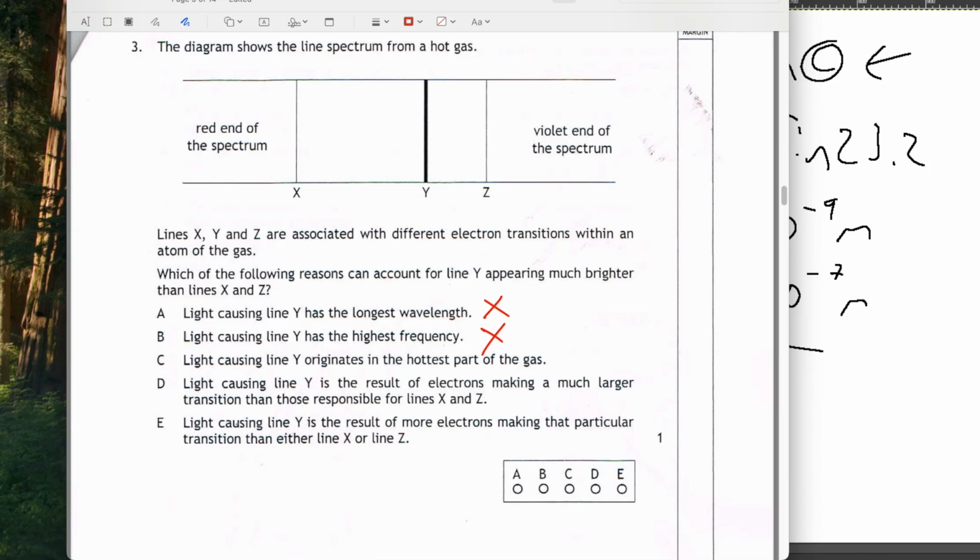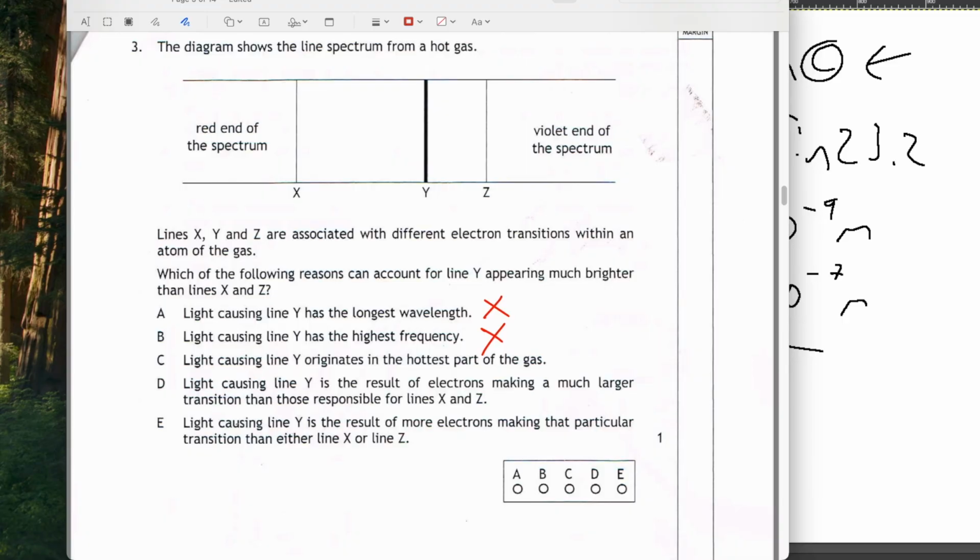C, light causing line Y originates in the hottest part of the gas. The hottest part of the gas. D, light causing line Y is the result of electrons making a much larger transition. No. Larger transition means more energy. More energy means higher frequency.